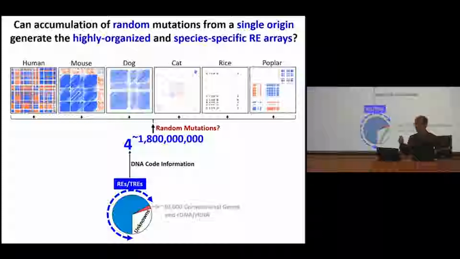Random doesn't go with order, but mouse and human have a unique ordered genome. Therefore, it is unlikely that mouse and human share the same ancestor, because random mutation cannot generate this species-specific order.